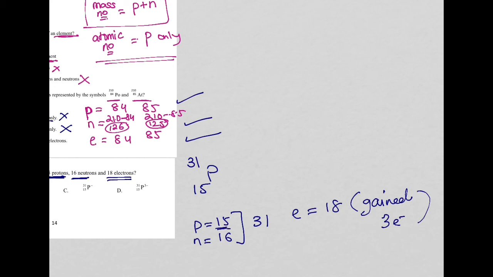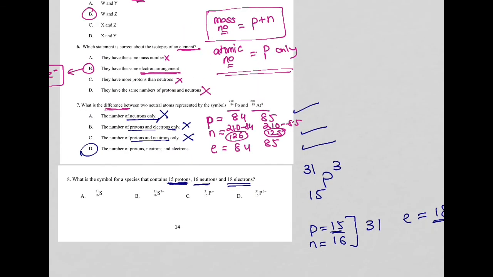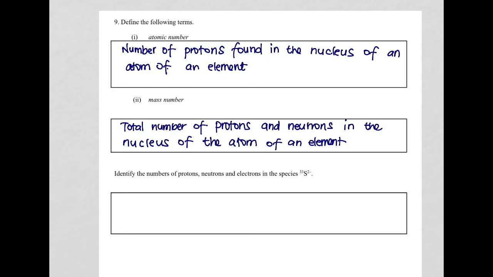So 18 minus 15, that's 3. So it has gained 3 electrons, so it will be 3 minus. So this is the one that represented it. For these, you can verify your definitions.